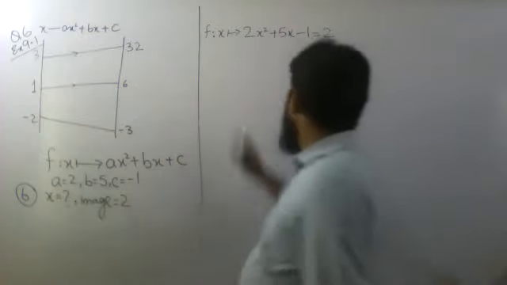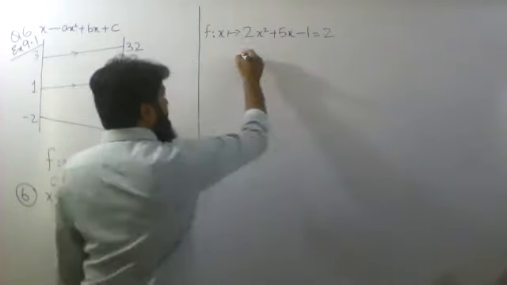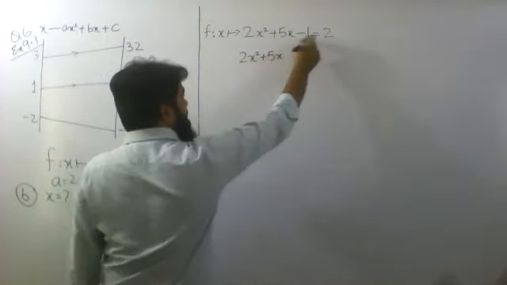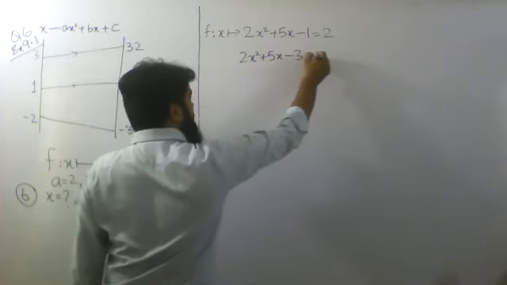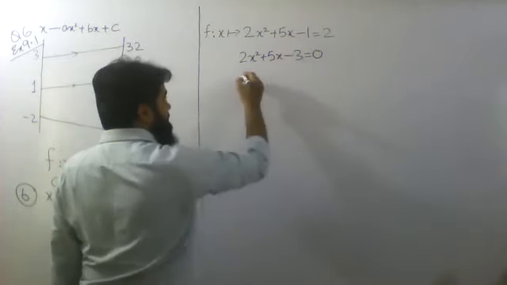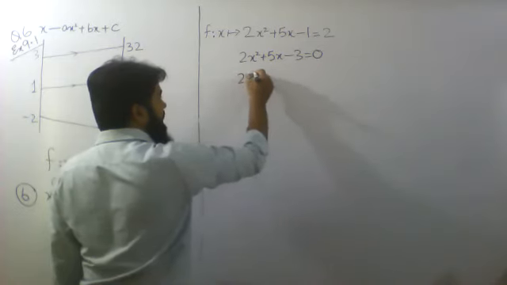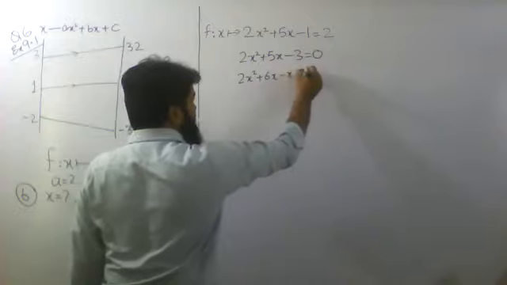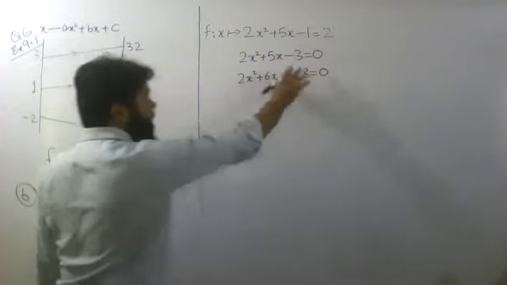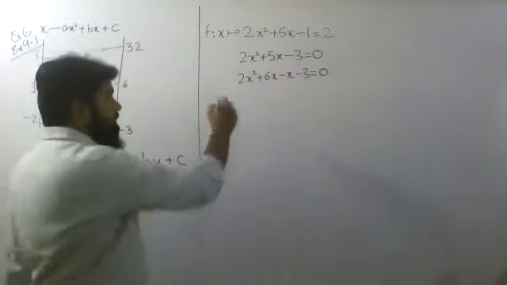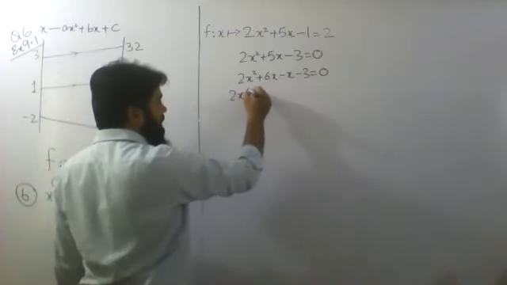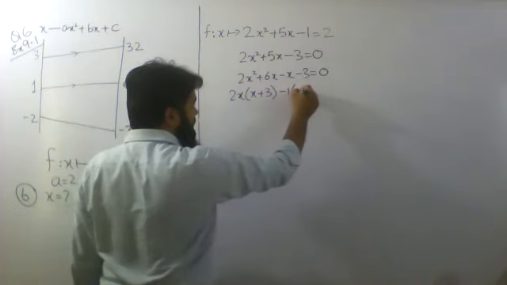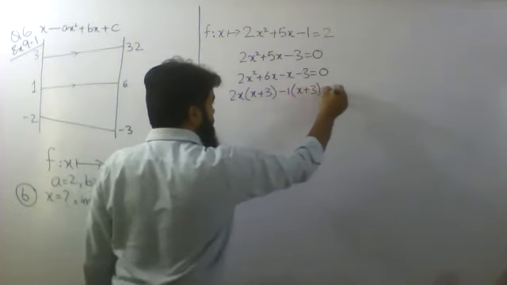Okay. So let's solve it first. 2x squared plus 5x, shifting it over here, minus 3 equals 0. Simplifying it, 2x squared plus 6x minus x minus 3 equals 0, and then middle term splitting. So 2x common, x plus 3, minus 1 common, x plus 3 equals 0.